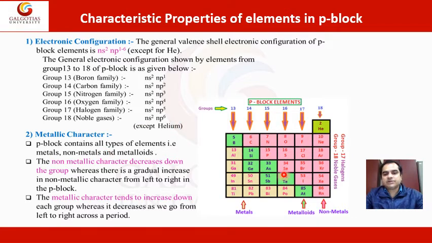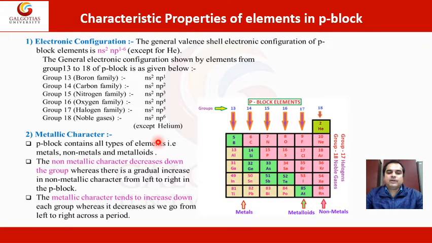In this chart, the yellow blocks represent the metals in the p block, and the green color in a zigzag pattern refers to the metalloids. Metalloids have properties between metals and non-metals, and the pink elements show the non-metallic elements in the p block. So these are mainly non-metallic.